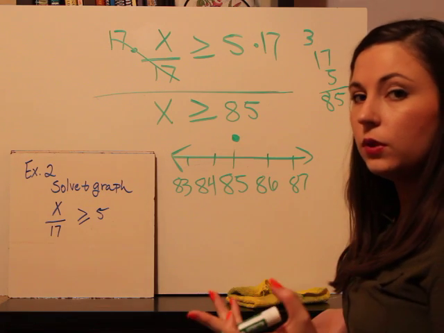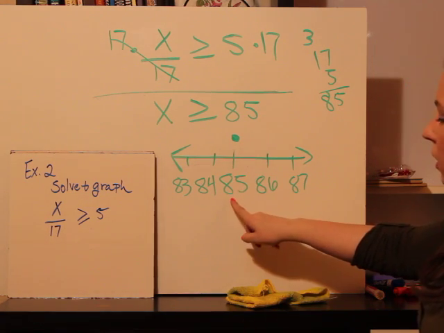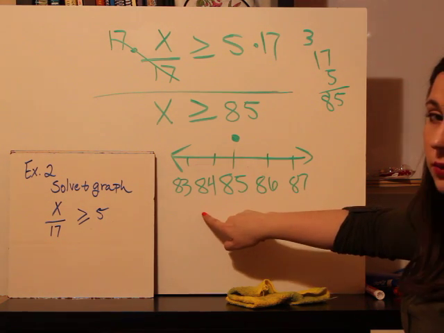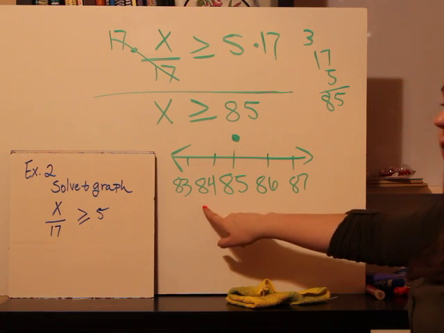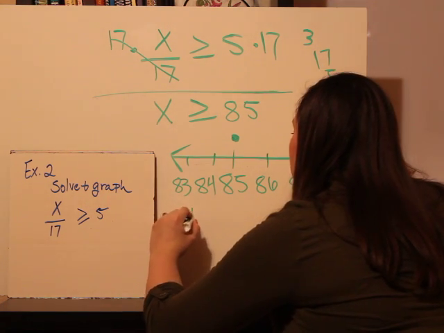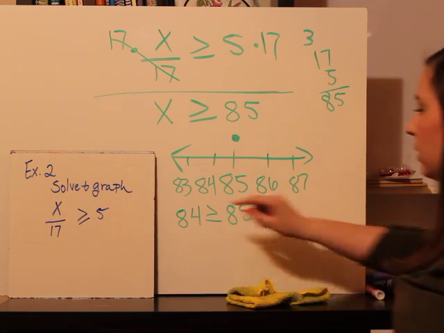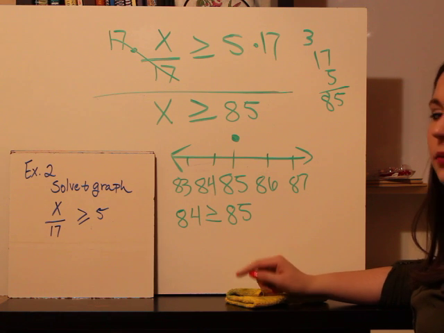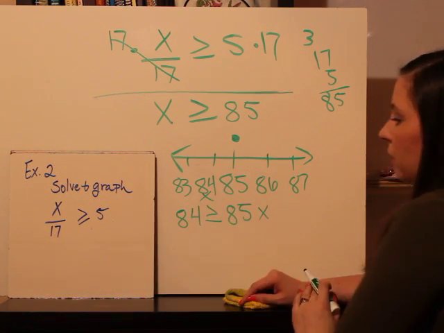Now if you're still confused about which way to shade, you can take one number from the right of your target number and one number from the left of the target number and plug them into your inequality. So I'm going to try out 84 and 86. So 84 greater than or equal to 85. Is 84 greater than or equal to 85? No. So 84 is not a solution there.